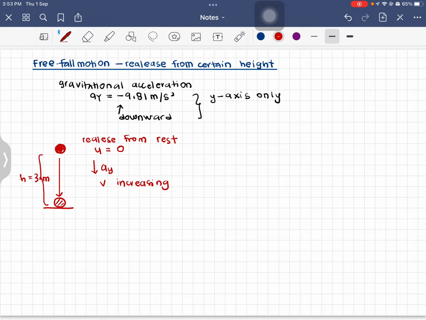Now we want to use the kinematic equations. When we use those and we consider displacement, you should put it as y equal to negative 3 meter.